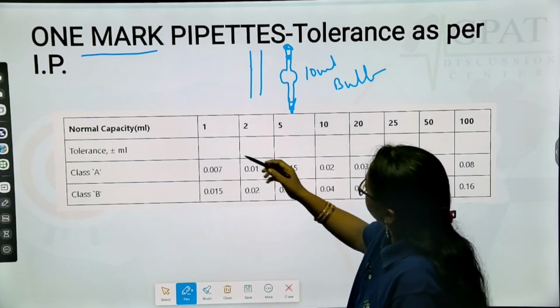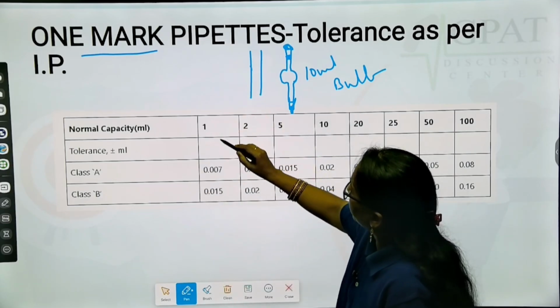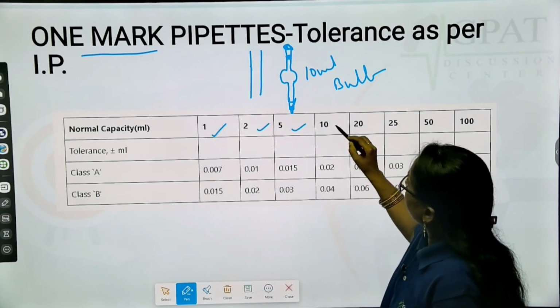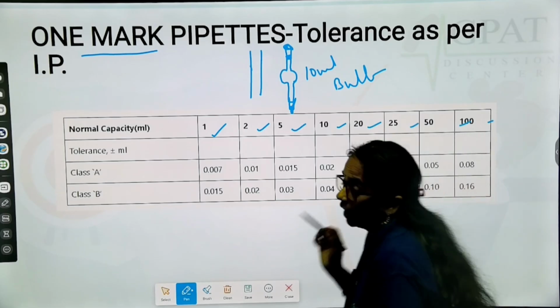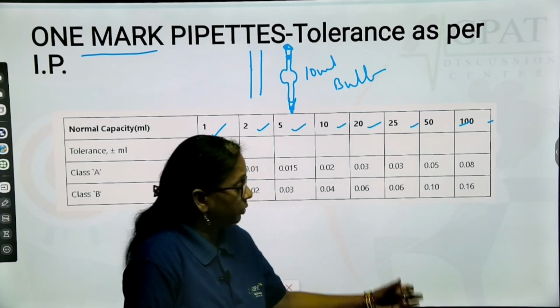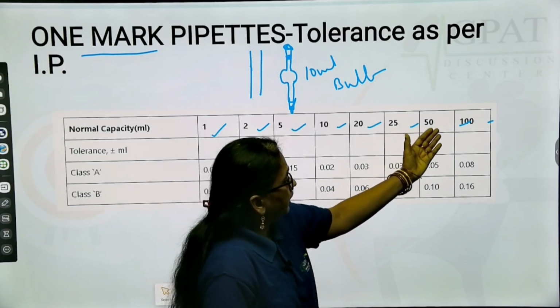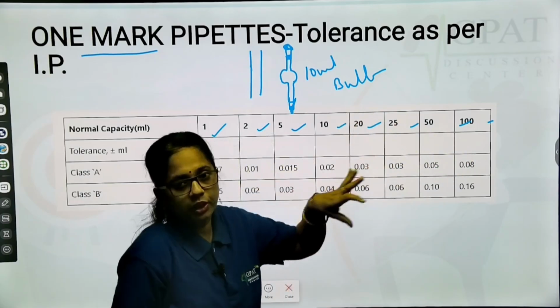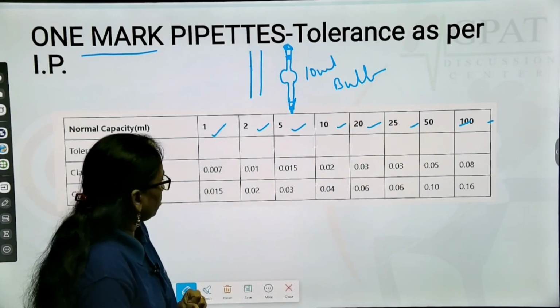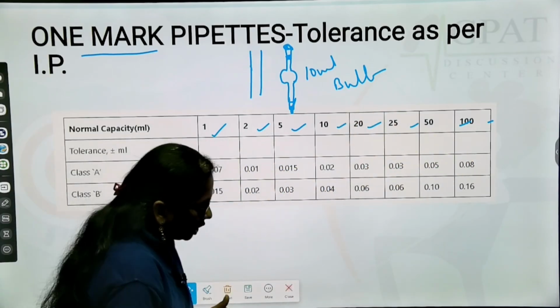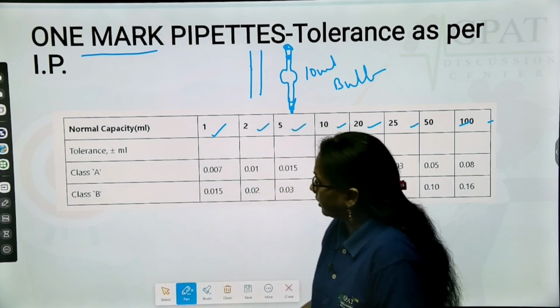According to IP, one-mark pipettes means bulb pipettes of 1 ml, 2, 5, 10, 20, 25, 50, 100 ml capacity. Generally we don't go for 50 and 100; up to 20 and 25 we use the bulb pipettes. Let us see the tolerance limits for class A and class B grade.